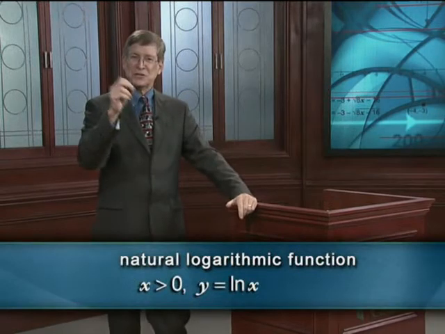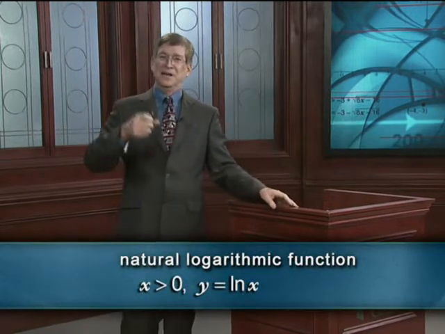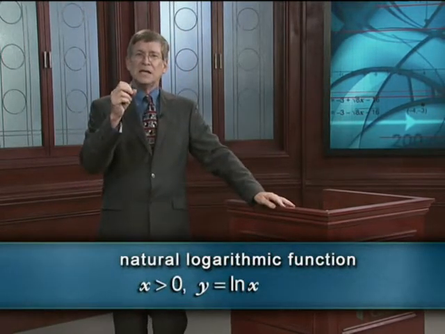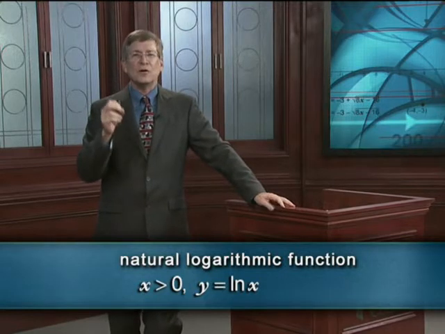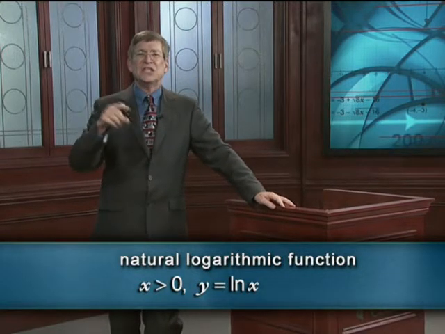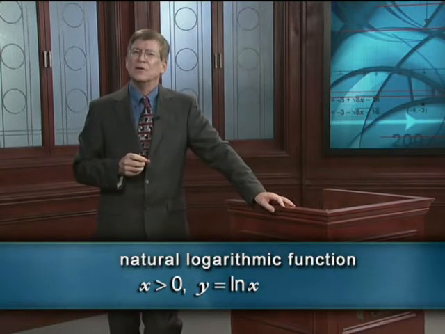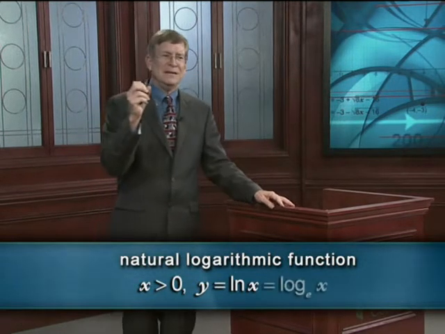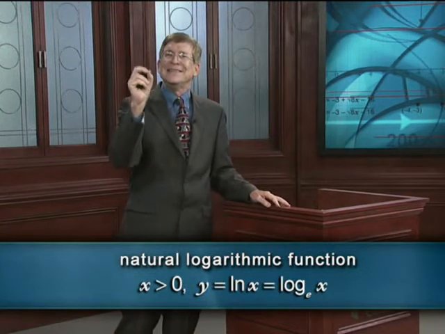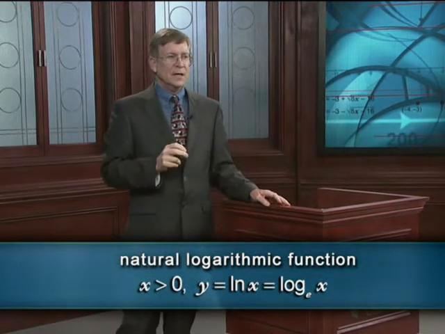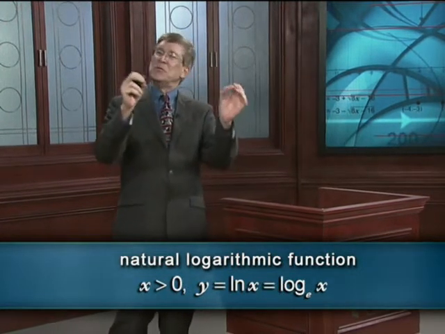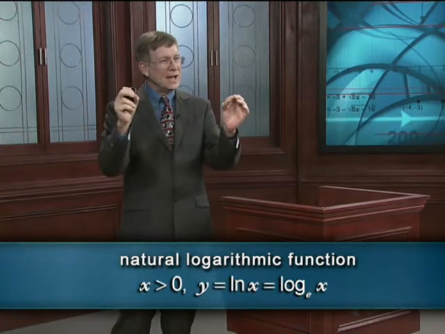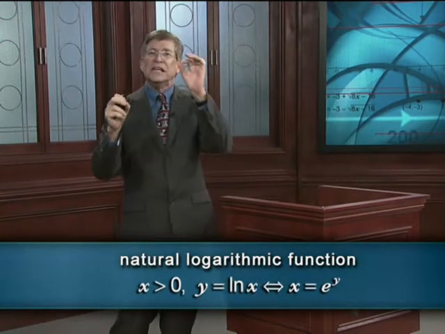So, technically speaking, here's the definition. The domain is x bigger than 0. And y equals the natural log of x, and you write this as ln of x. That's the notation that we use, ln of x. That means log base e of x. And y equals ln x is equivalent to saying x equals e to the y.